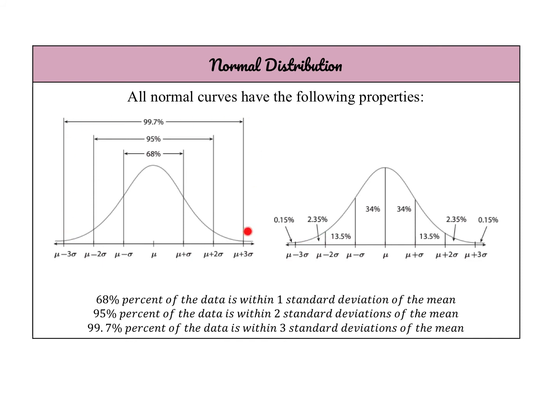If you add that, from here to here, it encompasses 99.7% of our data. So essentially almost all of our data is going to be within 3 standard deviations to the right or left of our mean. So again, if we know that a set of data is considered to be normal, then we can use these facts to help us interpret the data that we are given.